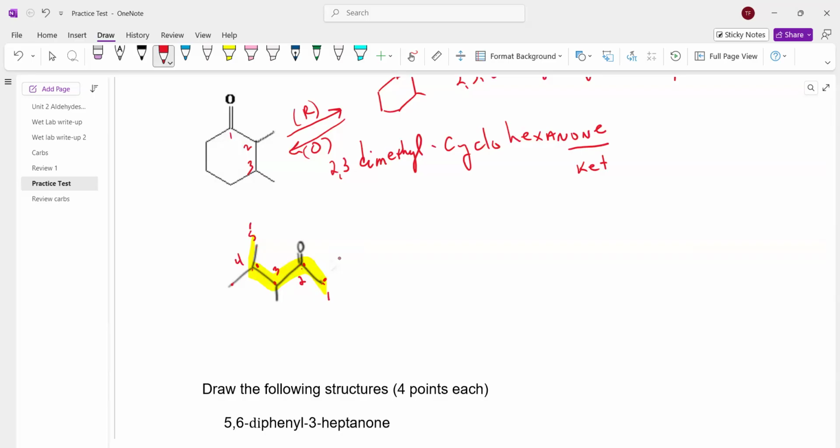So it looks like we have a five-membered backbone ketone. So that's going to be a pentanone at position 2. And we have two methyl groups at carbons 3 and 4. So it'd be 3,4-dimethyl-2-pentanone.